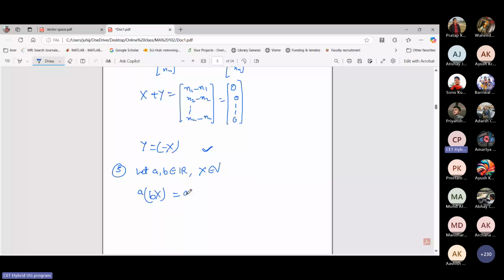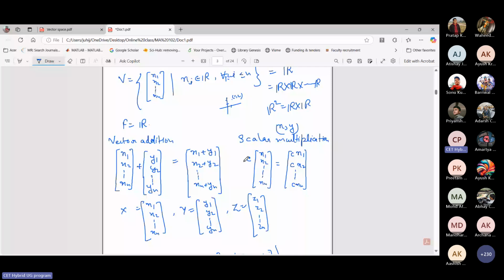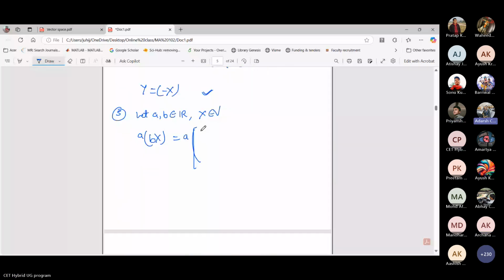A into Bx is defined how? Here we defined cv, each component will be multiplied by the scalar. So with this definition, what will be Bx? Bx1, Bx2 up to Bxn. Now again, when this A scalar will be multiplied, what will be the resultant? A B x1, A B x2 up to A B xn, right.